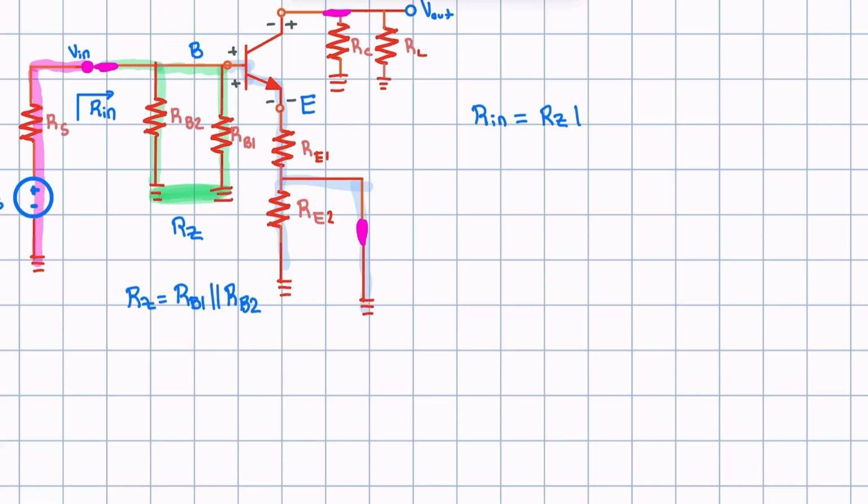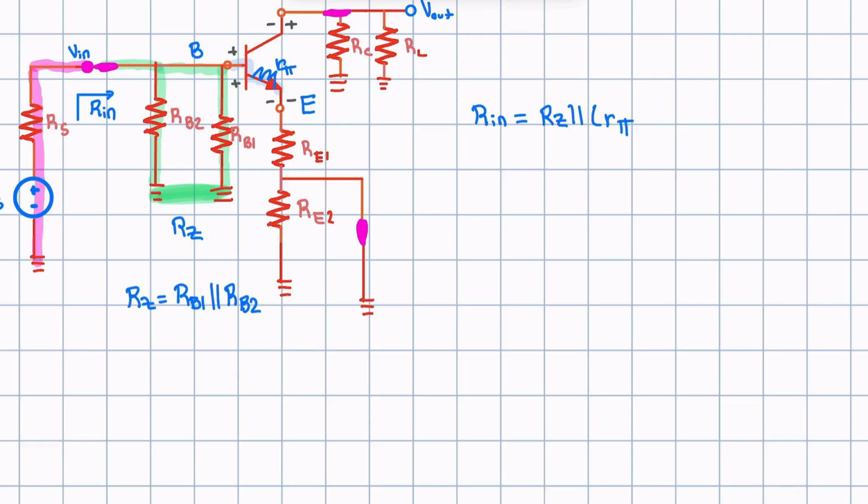Okay, let's get rid of that highlight. Let's go through the circuit one by one. As we get to this part of the circuit, we hit our R pi. We cannot forget our R pi.